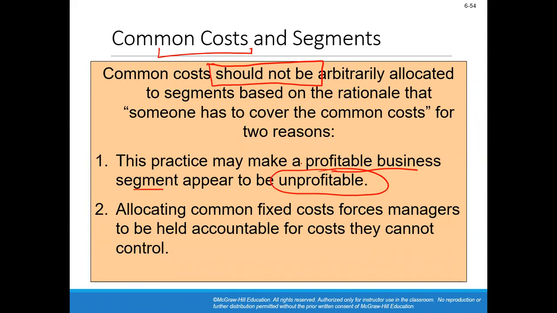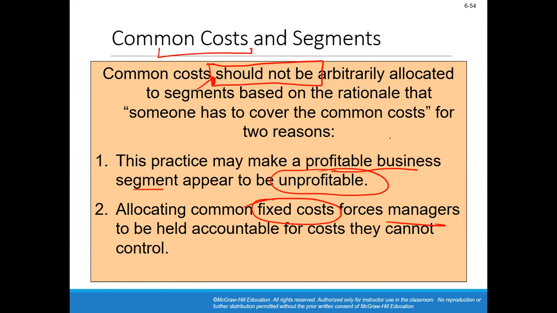Another issue is that if we allocate common cost into the segment, you will be making the managers of a particular segment responsible for some fixed cost over which they have no control. Say, for example, think of the Boeing CEO.